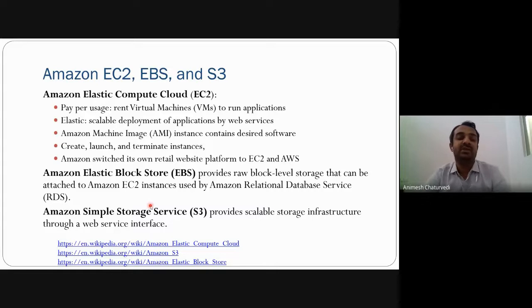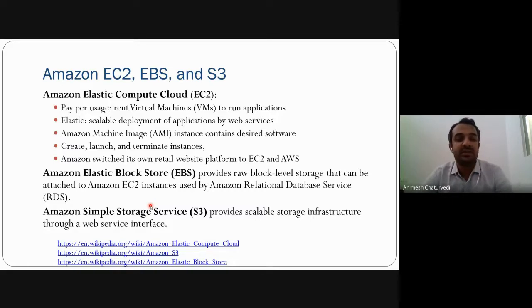Then EBS is Amazon Elastic Block Storage, which provides raw block-level storage that is attached to an Amazon EC2 instance and can be used for the Amazon Relational Database Service.